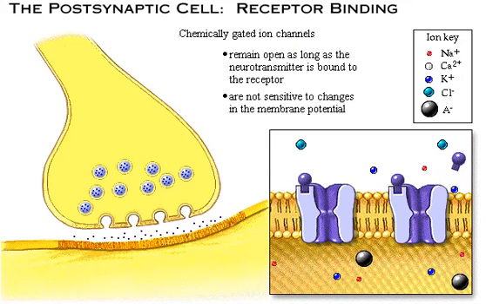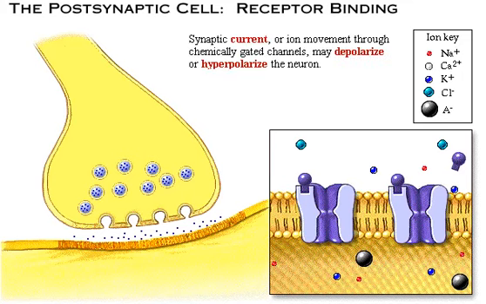Chemically gated ion channels remain open as long as the neurotransmitter is bound to the receptor and are not sensitive to changes in the membrane potential. Synaptic current, or ion movement through chemically gated channels, may depolarize or hyperpolarize the neuron. The example below illustrates depolarization of the postsynaptic neuron.